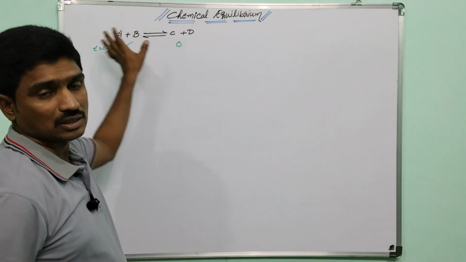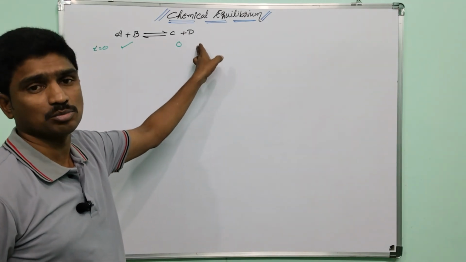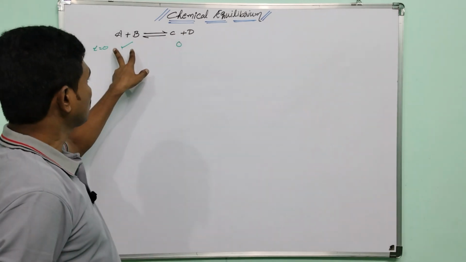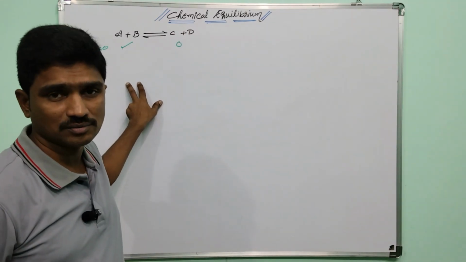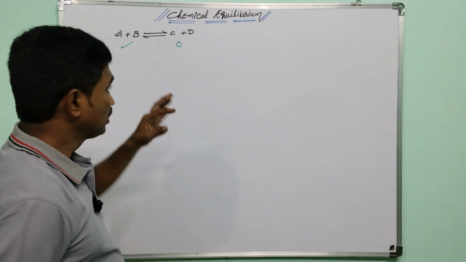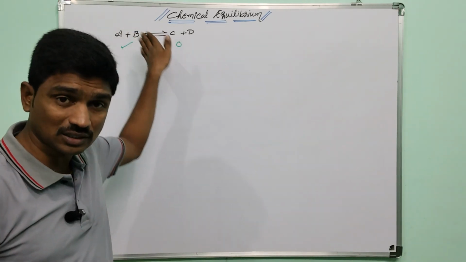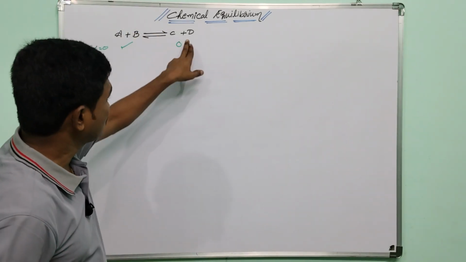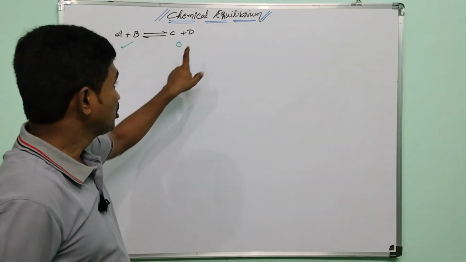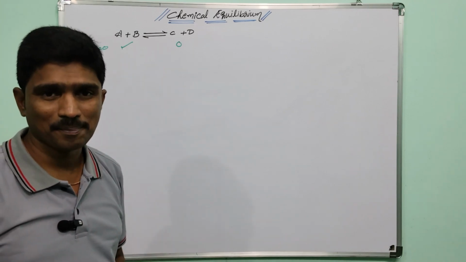As the time progresses, the product concentration slowly increases because they are formed during a chemical process. But the concentration of reactants decreases. After some time, the speed of the forward reaction decreases because reactant concentration decreases. But the speed of the backward reaction increases because the product concentration slowly increases with time.